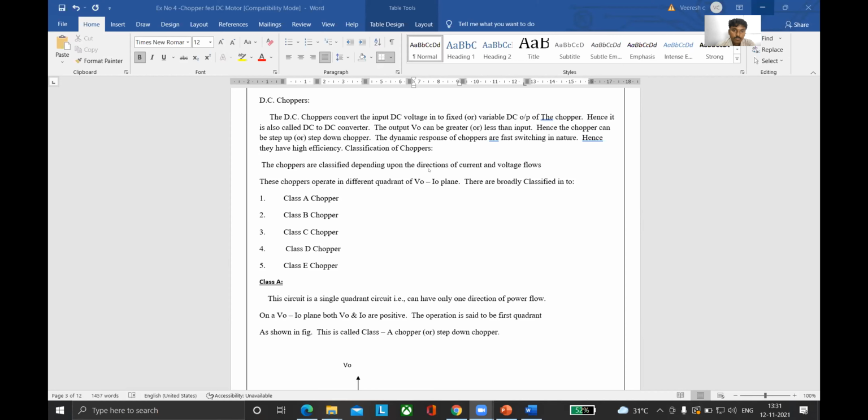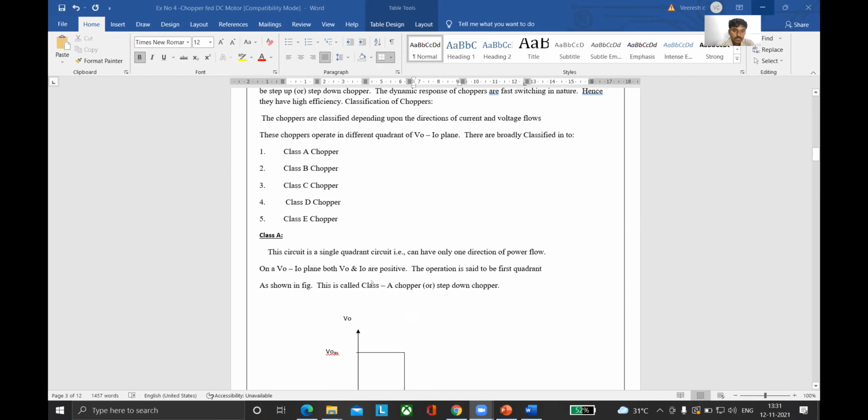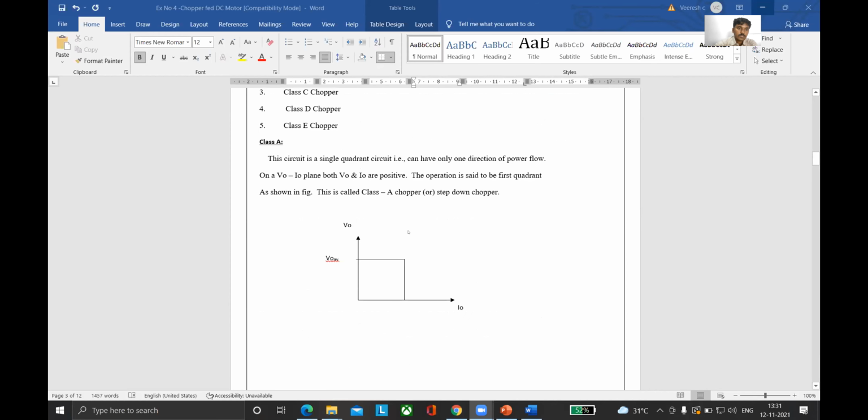These are the 5 types of chopper circuits. We are not going in depth into class A, B, D and E, because here we are going to control the speed of the DC motor using class C only. But let's see a brief description. How does the class A chopper operate, and in which quadrant?